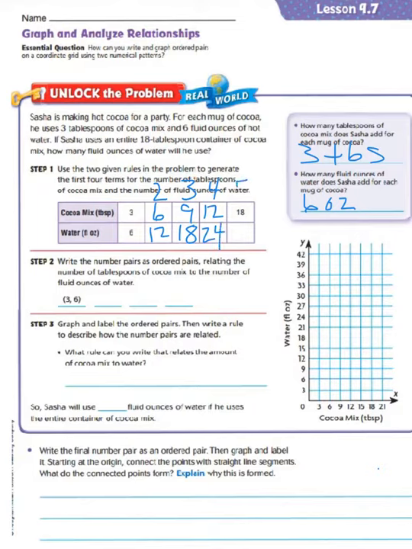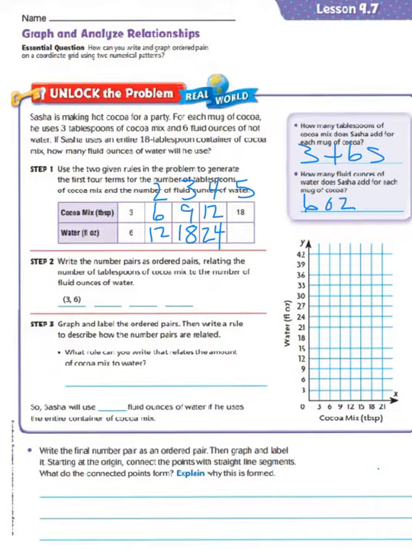For 5 mugs of cocoa, we would need 3 times 5, he would need 15 tablespoons of cocoa mix, and 6 times 5 would be 30 fluid ounces of hot water.